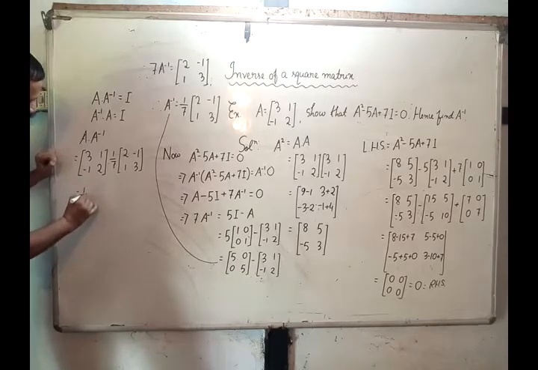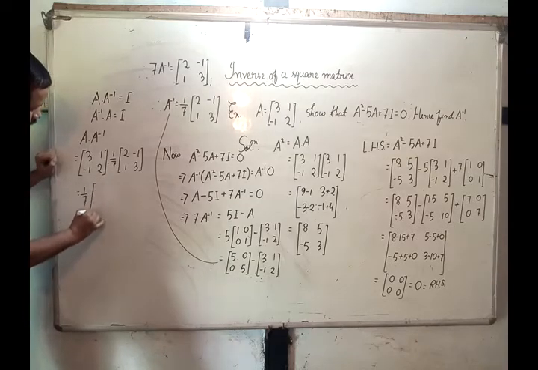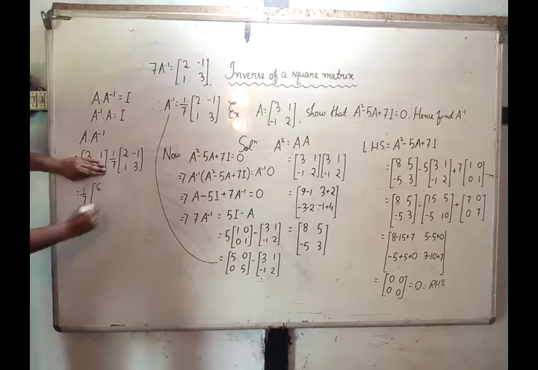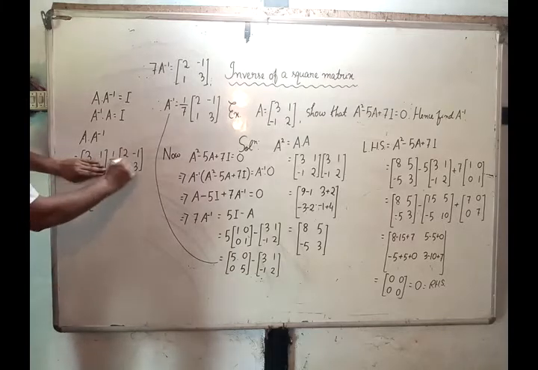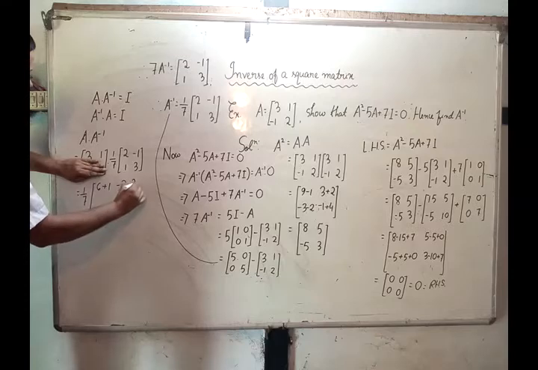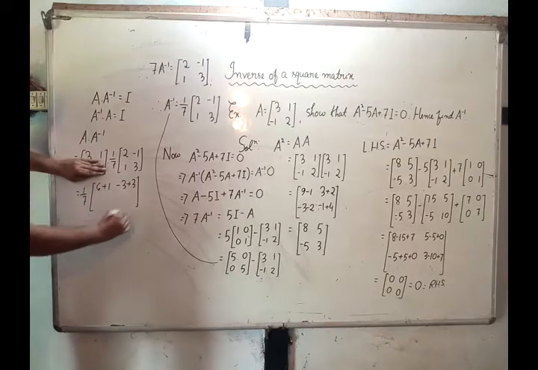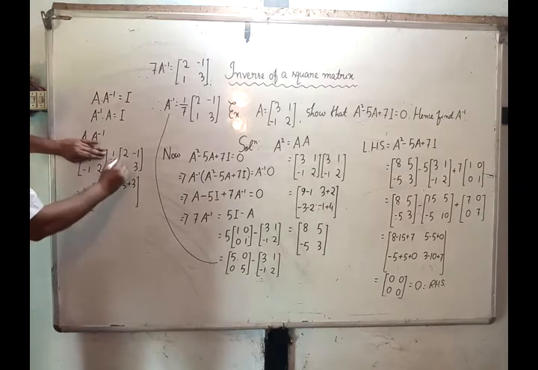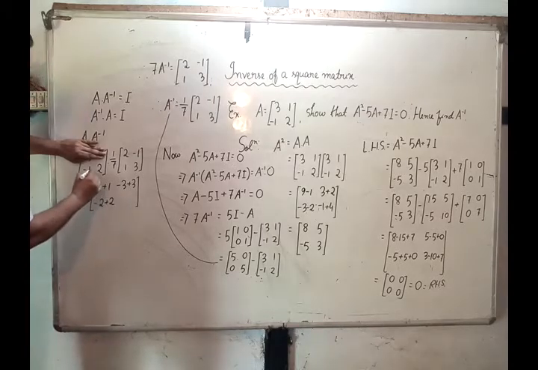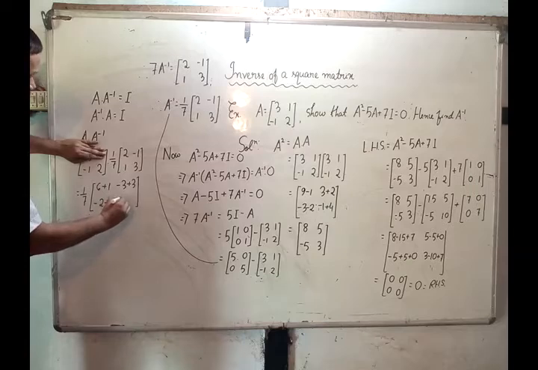Matrix multiplication: 3 into 6 plus 1 into 1, first row; second row, 3 into minus 3 plus 1 into 3. First row multiplication over. Now second row: minus 1 into 2 plus 2 into 1 is 0; minus 1 into minus 1 is plus 1 and 2 into 3 is plus 6.